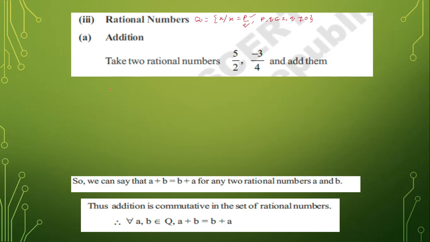So now here we may check the commutative property under addition, subtraction, multiplication and division in rational numbers. First we may take the addition. Here I have taken two rational numbers. Those are 5 by 2 and minus 3 by 4, and add them in one order first.